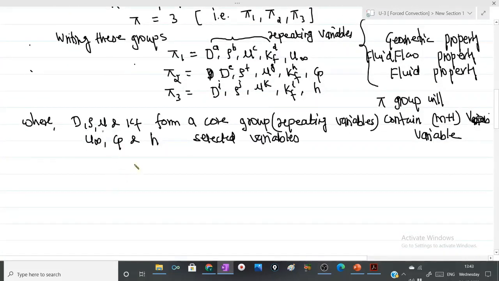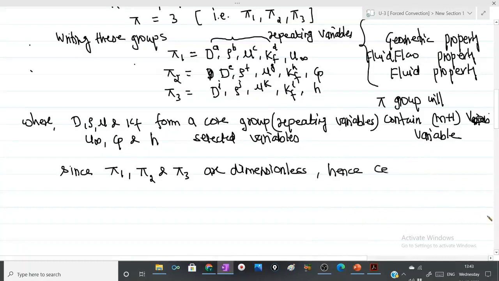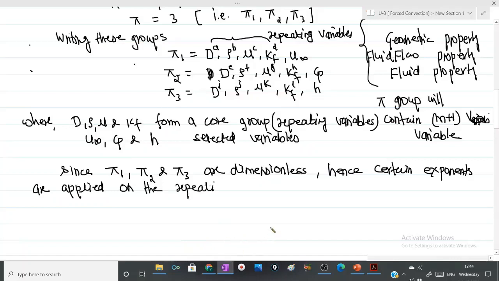After writing these pi terms, since pi 1, pi 2, and pi 3 are dimensionless, certain exponents are applied on the repeating variables.